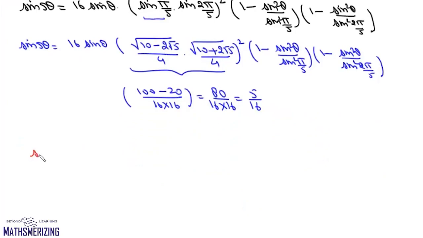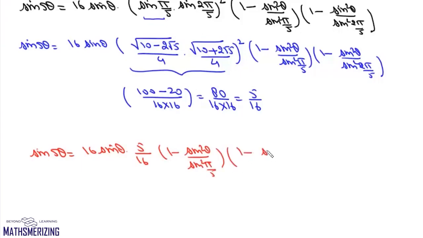So now we can write this sin 5θ is 16 sin θ into 5/16 (1 − sin² θ/sin² π/5) into (1 − sin² θ/sin² 2π/5). Now the 16 and 16 will cancel.